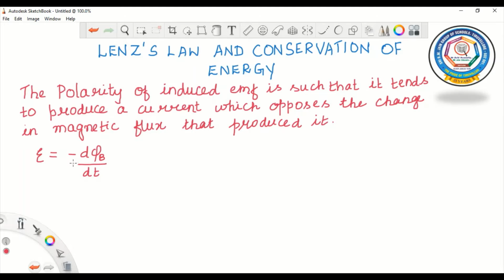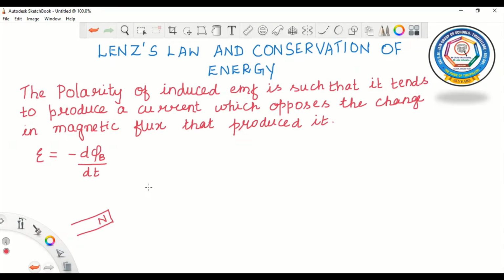So in order to understand this Lenz's law, let us consider the north pole of a bar magnet. Let us assume a bar magnet, and this is the north pole of the magnet, which is being pushed towards the closed coil.